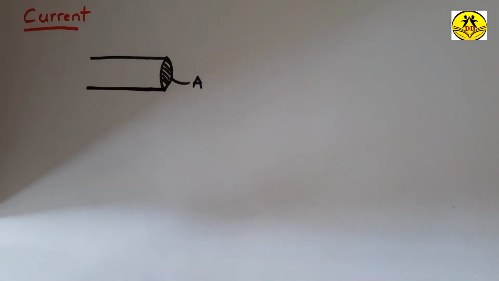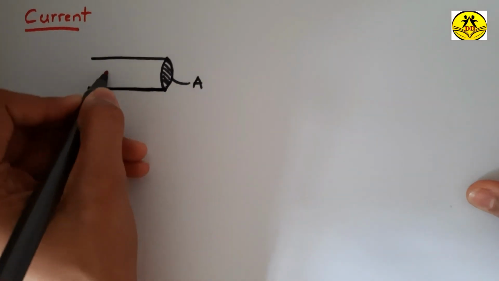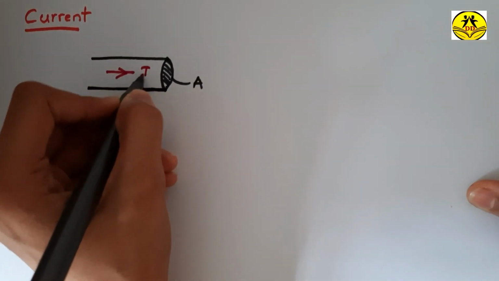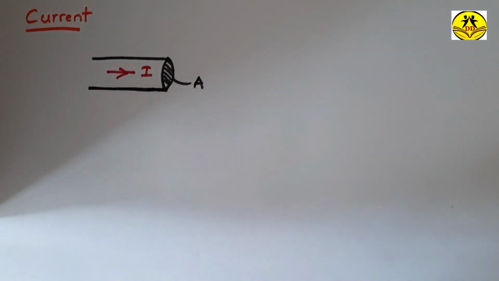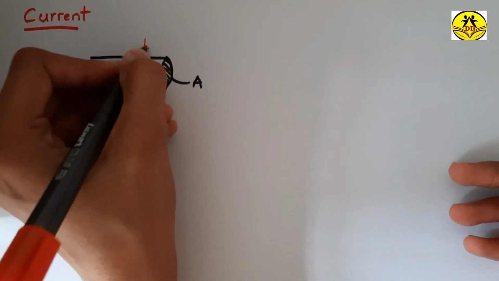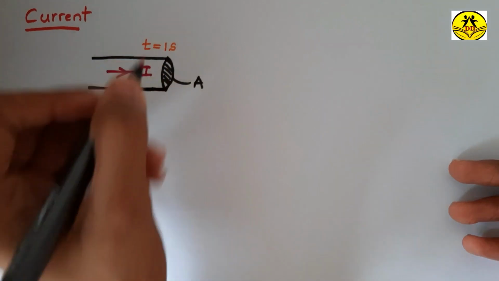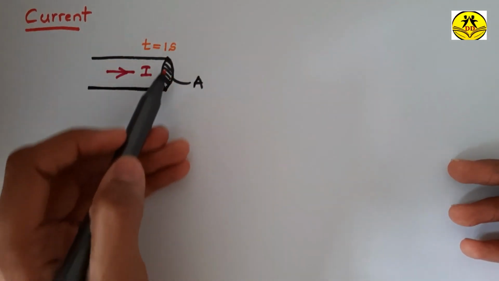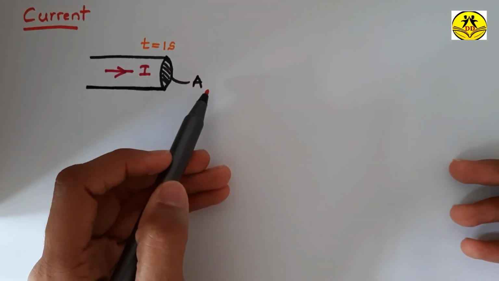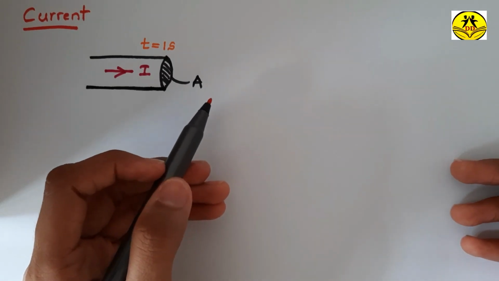So current is defined as the amount of charges flowing through a certain cross-sectional area in a unit time. So for 1 second, the amount of charges flowing through this cross-sectional area is defined as current.